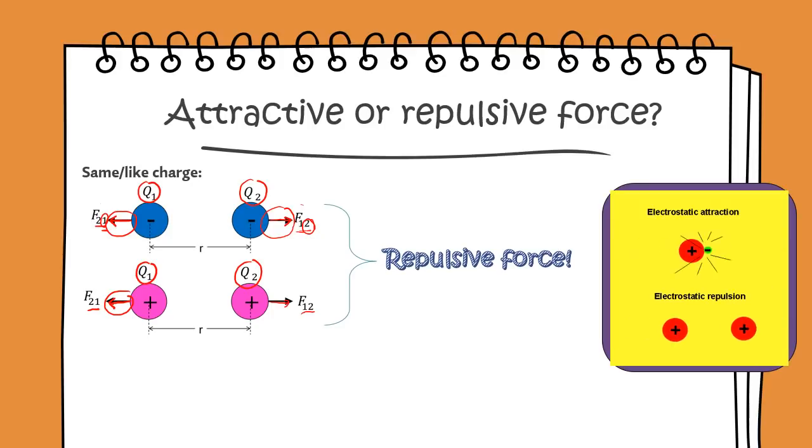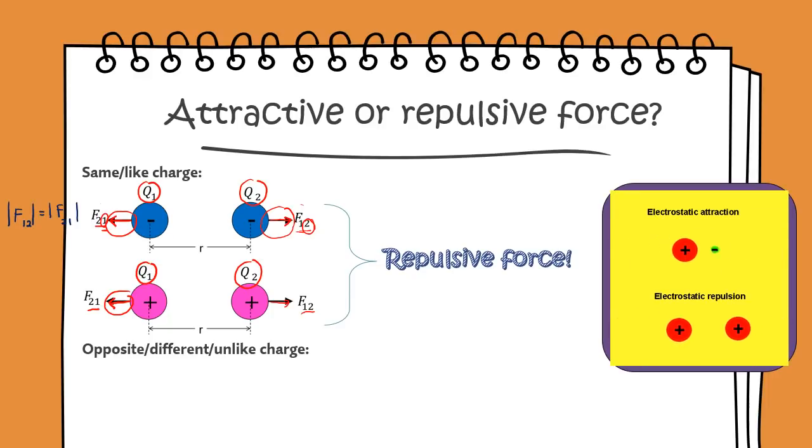From here, if we calculate the electrostatic force, F12 will equal F21. The magnitude of F12 is equal to the magnitude of F21, but the direction of the electrostatic force is different.